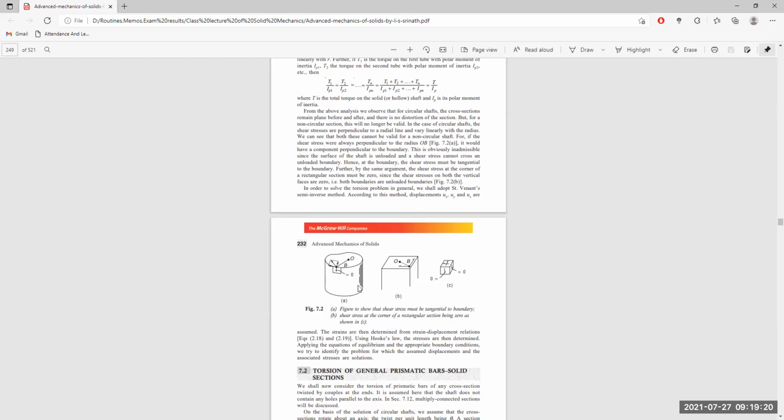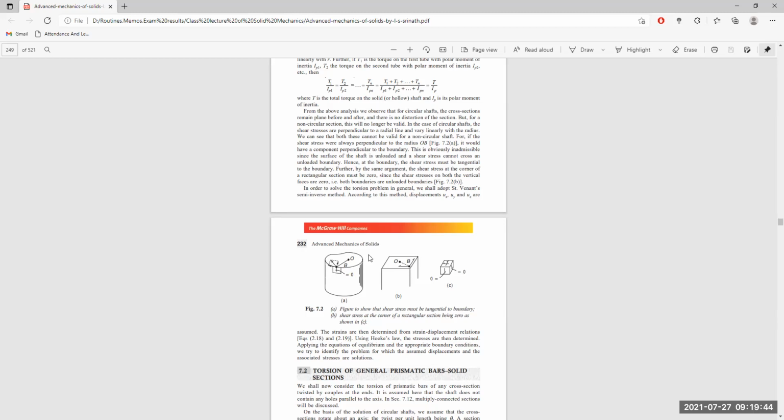Here, what we are showing is that the shear stress must be tangential to the boundary itself. If you think of this straight line, this arrow here, this is the shear stress. It is a vector, and it is always tangential to any point on the boundary.